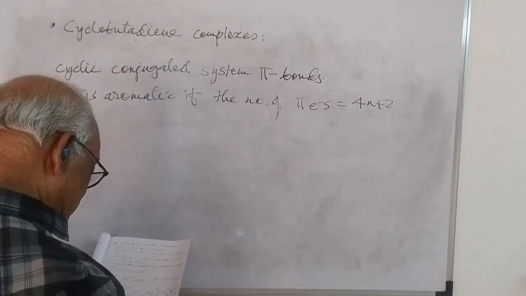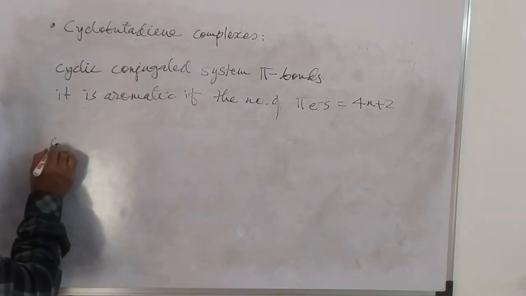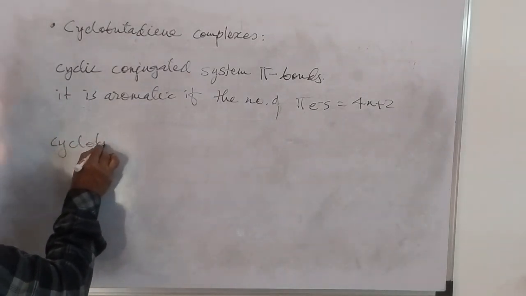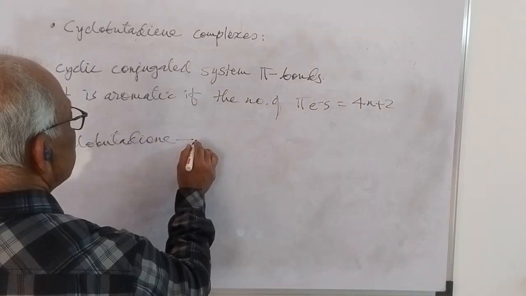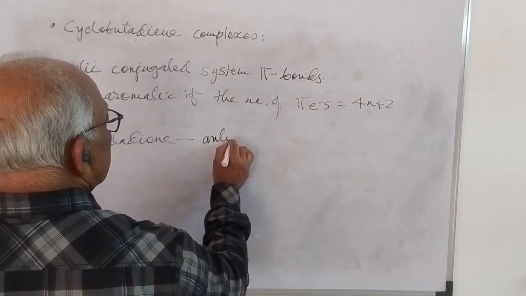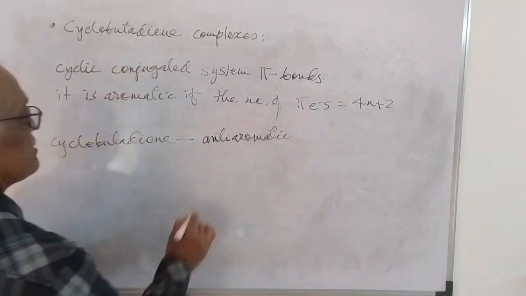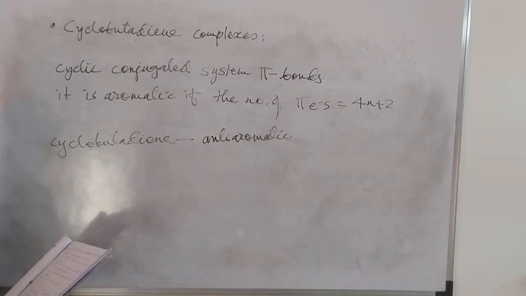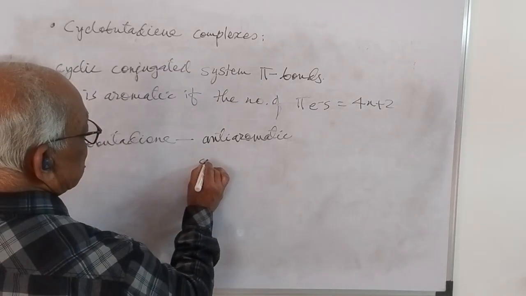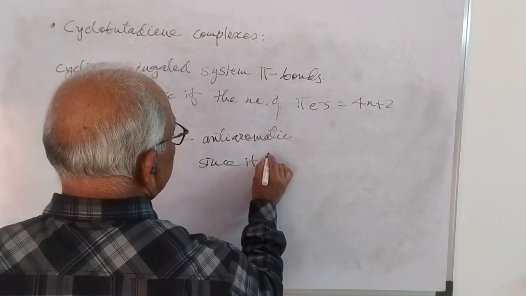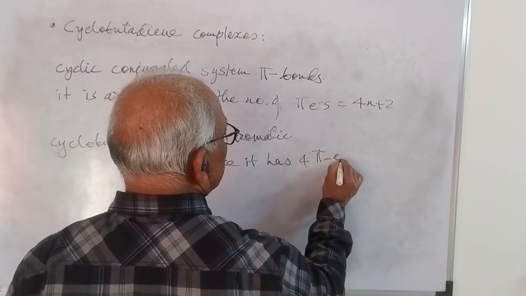Here n is an integer. But cyclobutadiene is anti-aromatic since it has 4 pi electrons.